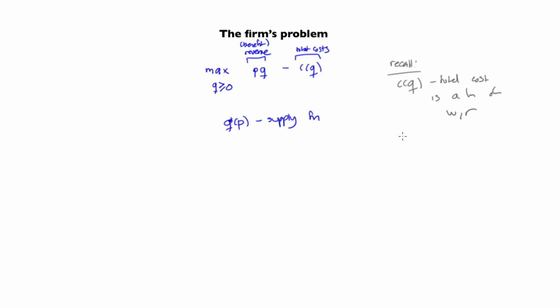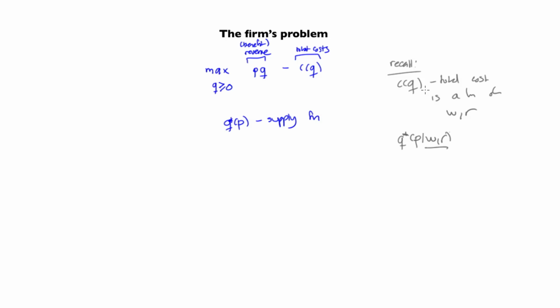And the same thing is true for Q. Strictly speaking, I should have written Q of P given the input prices. I'm going to drop this part, and I'm going to drop the input prices from the cost function to simplify the notation. But don't forget this.